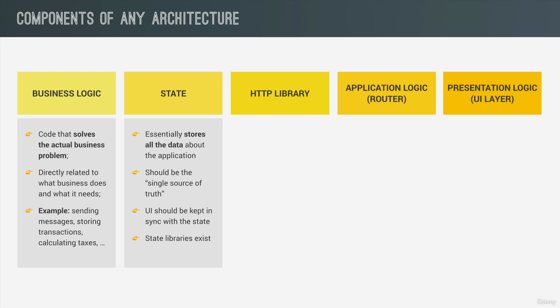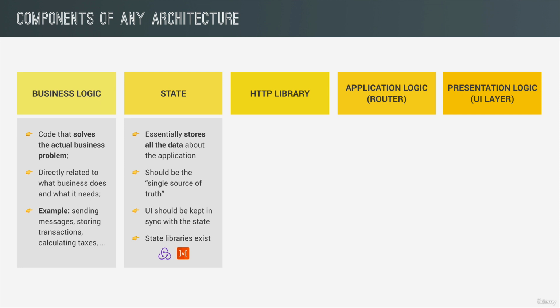Now, storing and displaying data and keeping everything in sync is one of the most difficult tasks when building web applications. And that's why there are actually many state management libraries like Redux or MobX. But in this project, we will keep things very simple and use a simple object to store our entire state.